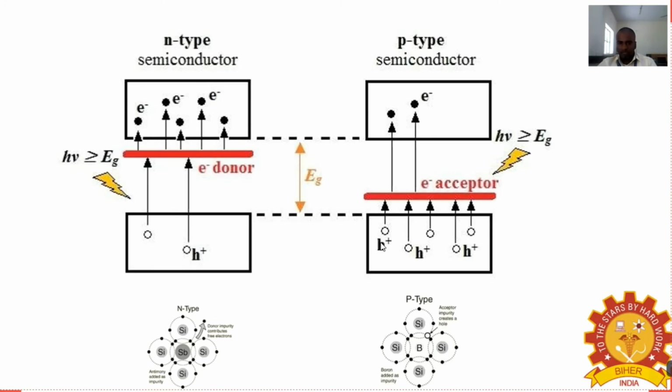When we apply energy, the electrons present in the valence band of silicon easily jump to this conduction band of boron. Then they can migrate to the conduction band of silicon. Due to that, electrons migrate from here to here with the help of this conduction band. This type of semiconductor is called a P-type semiconductor.